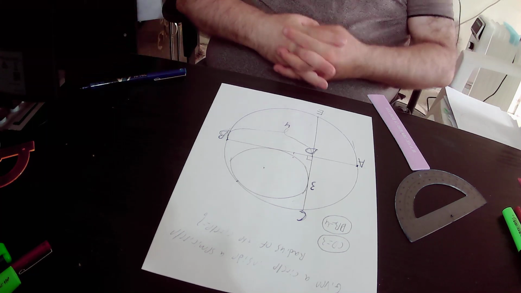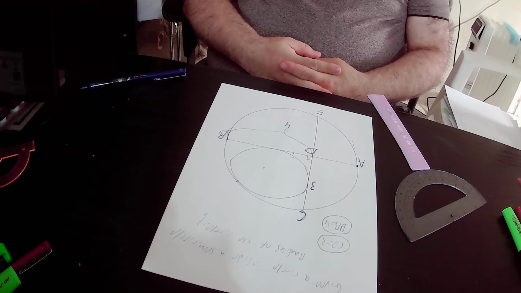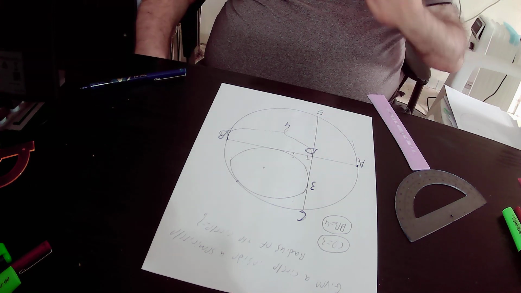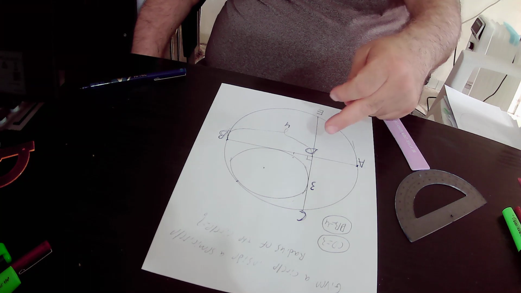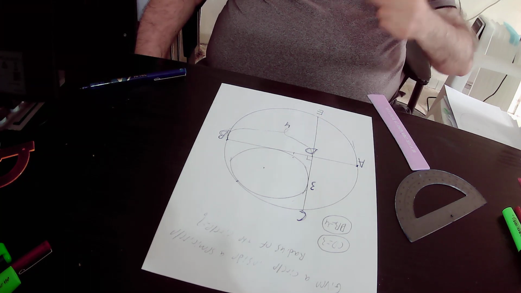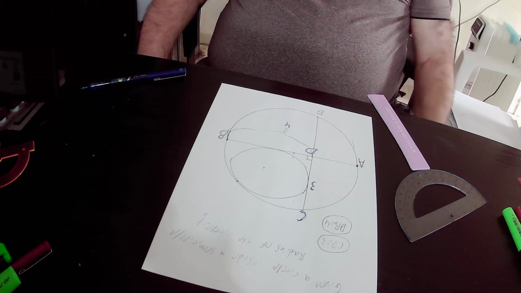Actually, we know that CD is a straight line, and when we extend a straight line by a straight line, the result must be a straight line.